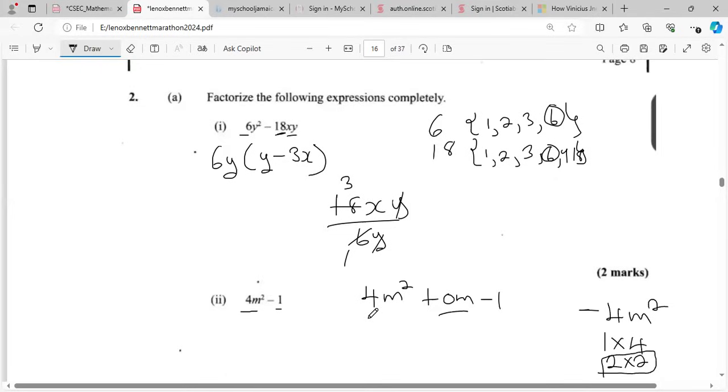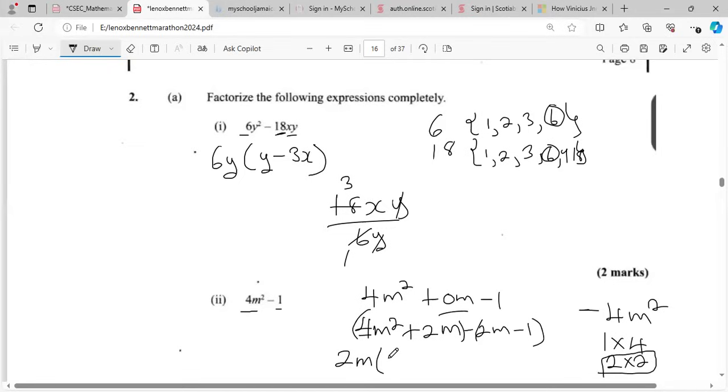So if you want to do it the long way, you put it like this. It has to be minus because you're supposed to get 0. And then you bracket them out as usual. What's the highest number that can go into 4 and 2? That's 2. And of course, m squared and m, so m is common.